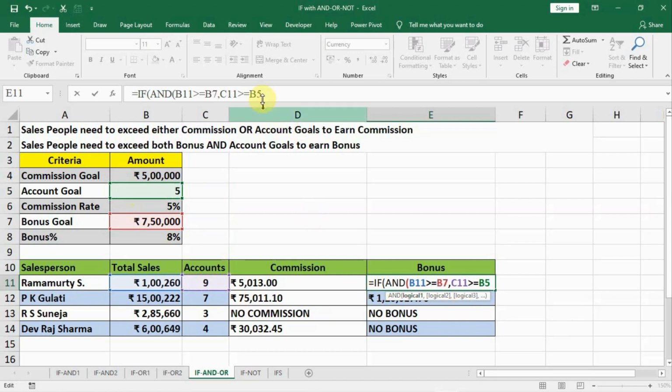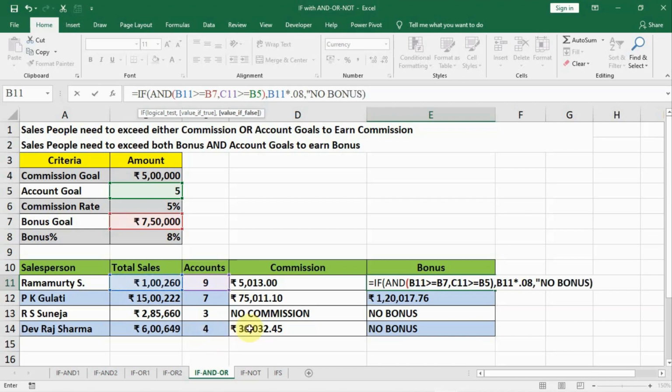If it is so, then we have to put a comma, and the bonus will be sales into 0.08. It is 8%, right? And we put a comma here, and if it is not so, then no bonus.